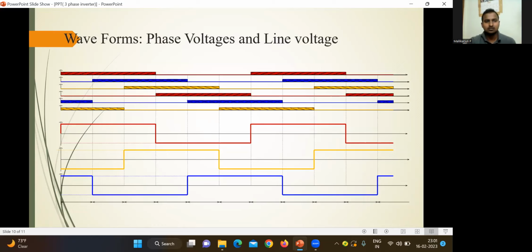Coming to here, in phase A, thyristors T1 and T4, in phase B, T3 and T6, and in phase C, T5 and T4.